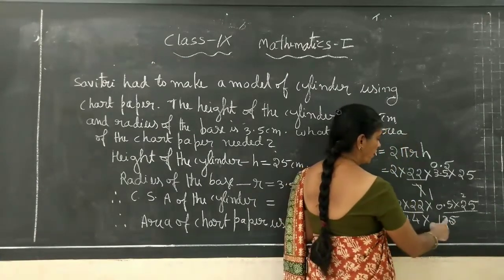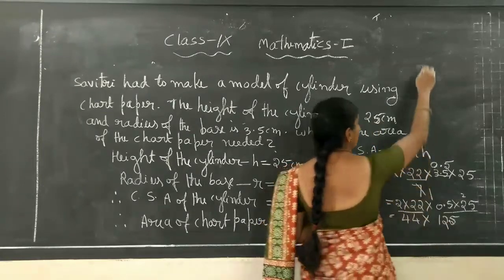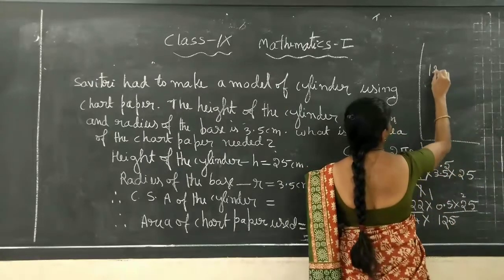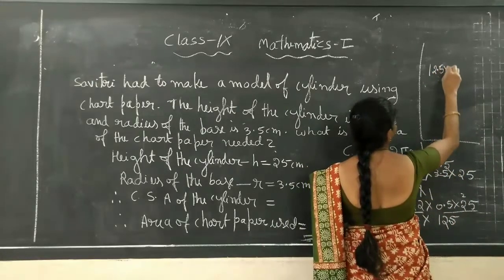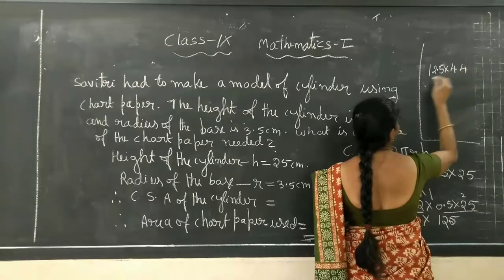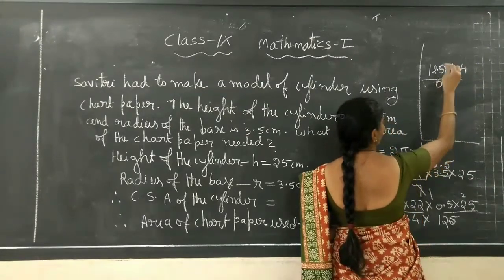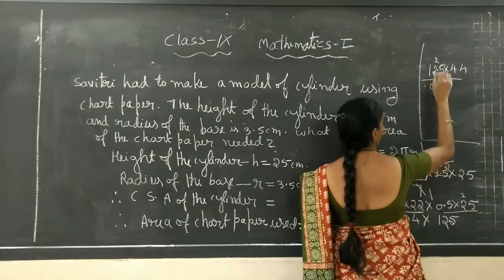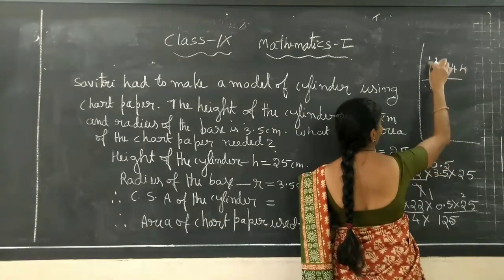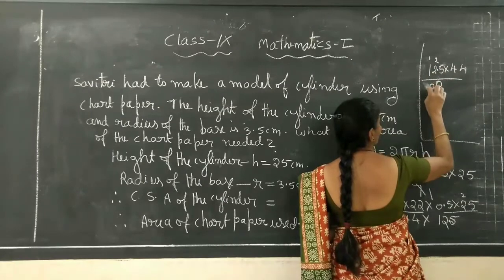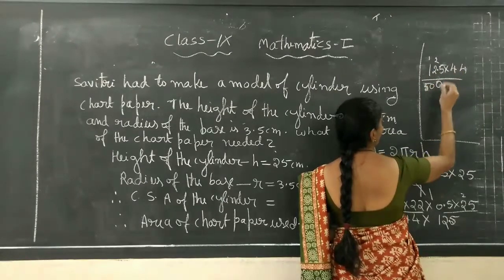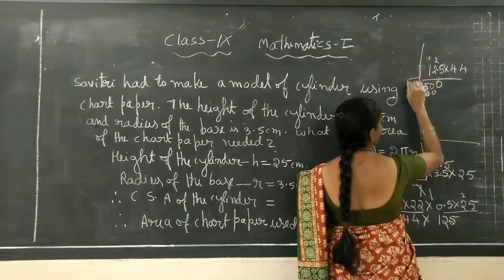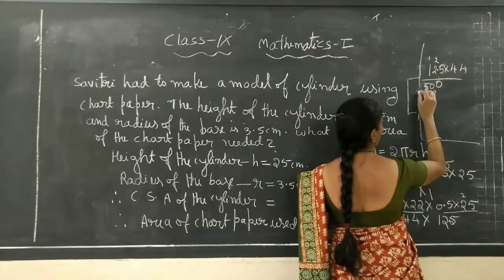Now 44 into 12.5 we have to do separately as rough work. 12.5 into 44: 4 5s are 20, 2 in hand, 4 2s are 8 plus 2, 10, 1 in hand, 4 1s are 4 plus 1, 5. Again the same answer, because we multiply by 4.